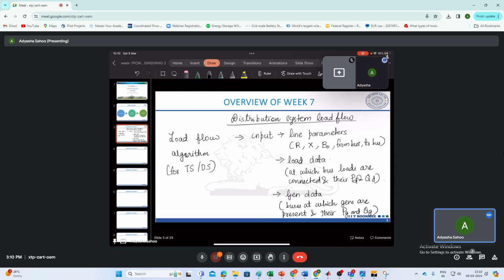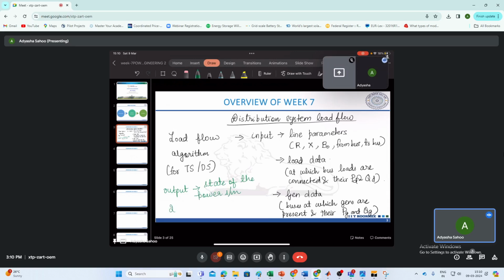So using these as input, the load flow algorithm is used to compute the state of the power system. And what are these states for the power system?